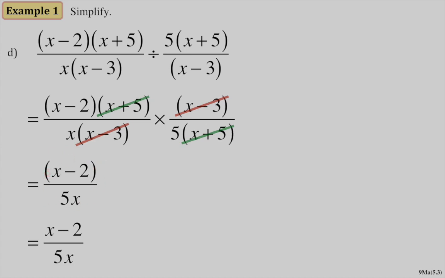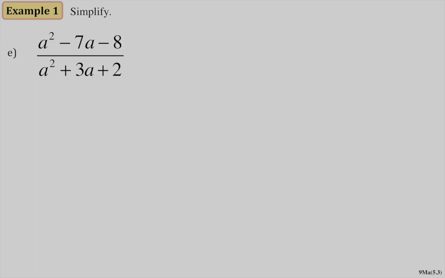Let's look at the next part. Now, when we started this, I said factorise first. This is a fraction. Do the top of the fraction and the bottom of the fraction as 2 separate questions. So, let's put our fraction there. On the top, this is a monic quadratic trinomial.